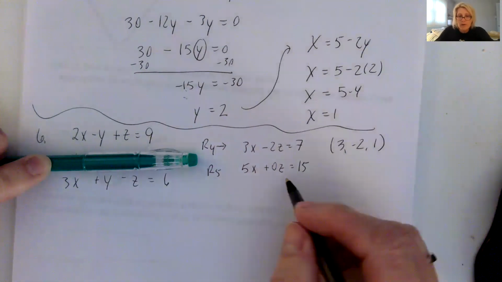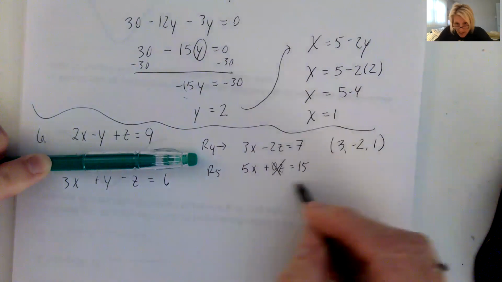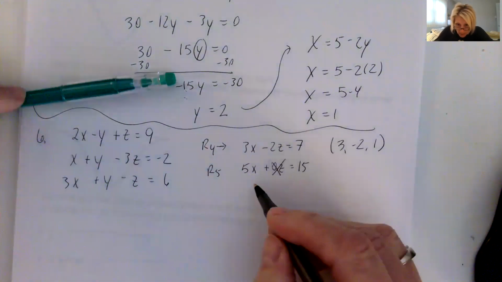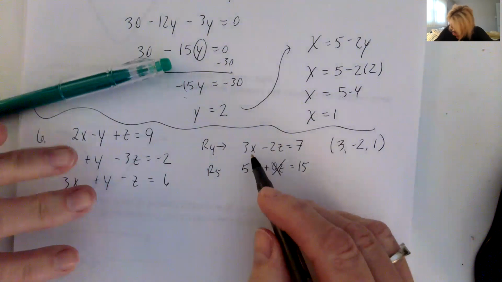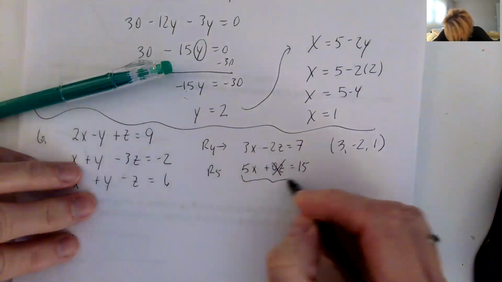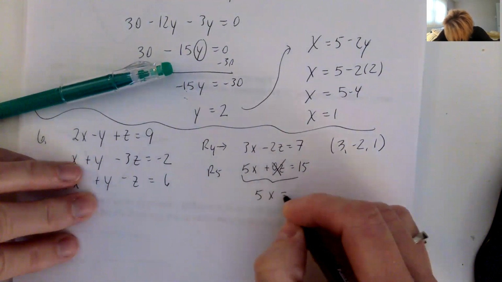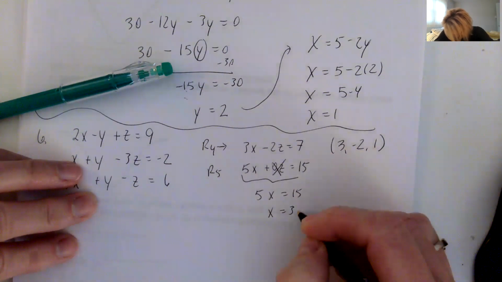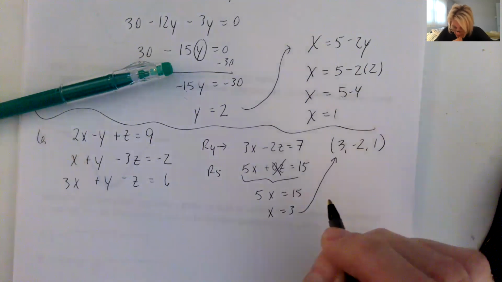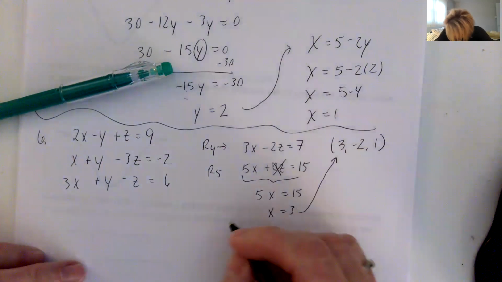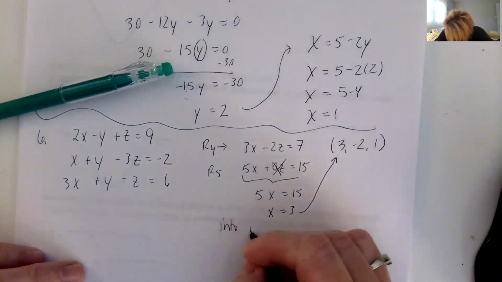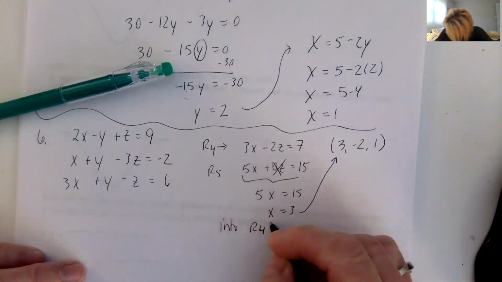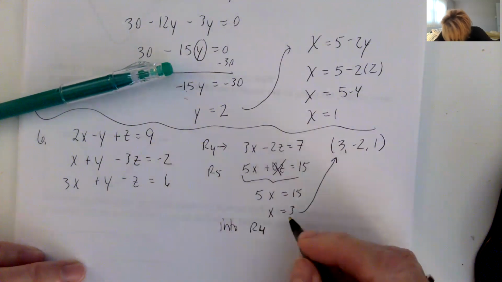The cool thing with this is because Z got eliminated, I essentially don't have to go any further as far as row 4 and row 5. I can just solve for X here. Because this is 5x equals 15, I can divide by 5 and find out that X equals 3, which matches Desmos. And then I can go into row 4 because row 4 is just in 2 variables. So I can use X equal to 3.